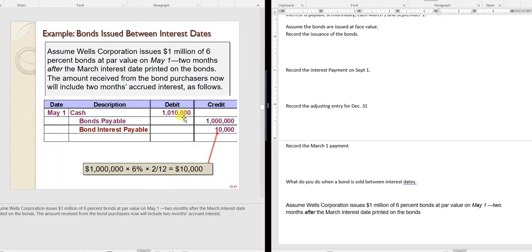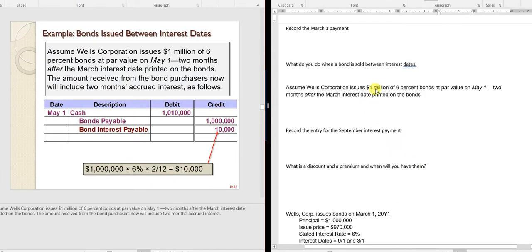Okay, so assume Wells issues $1 million of 6% bonds at par value, so they issue it at face, which is $1 million, 2 months after the interest date printed on the bonds. So the corporation is always going to write a check to the underwriter every 6 months for the same amount every time.